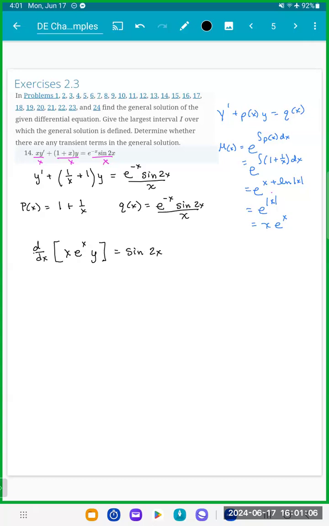And we have that y is equal to negative 1 over 2x e to the negative x cosine of 2x plus c e to the negative x over x. This is going to be for x's that are between 0 and infinity. And so that entire solution is going to be transient.